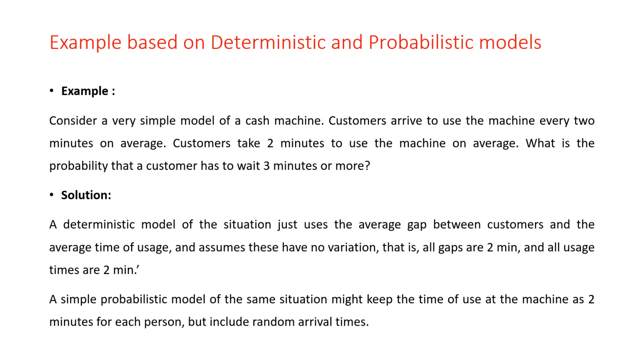In the probabilistic model, the situation might keep the time of use at the machine as 2 minutes for each person, but include random arrival times.